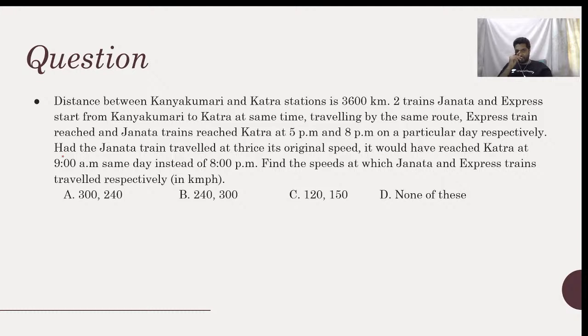Express train reached Katra at 5 p.m. and Janata train reached Katra at 8 p.m. on a particular day, respectively. Had the Janata train travelled at thrice its original speed, it would have reached Katra at 9 a.m. the same day instead of 8 p.m. Find the speeds at which Janata and Express trains travelled respectively in kilometers per hour.